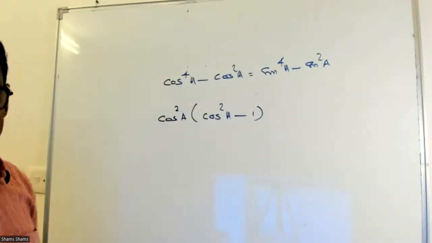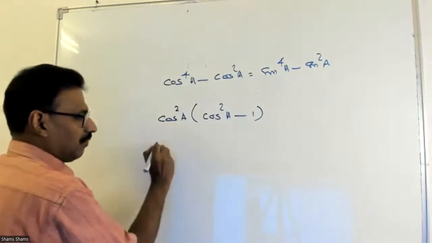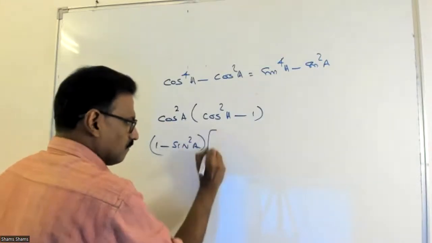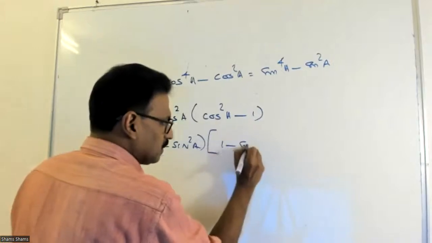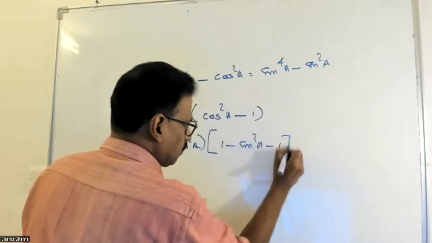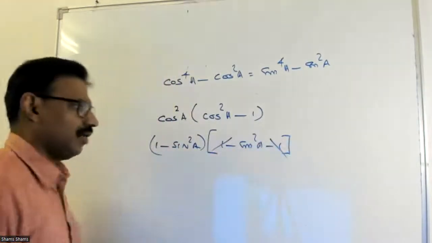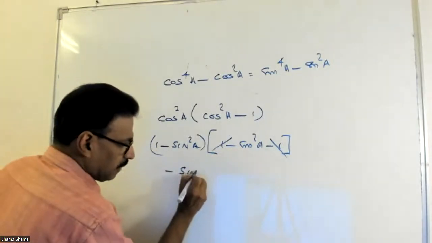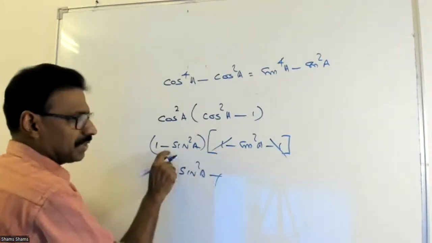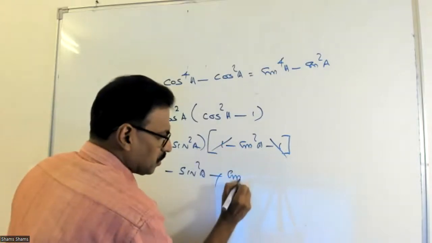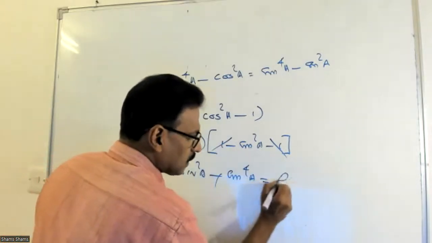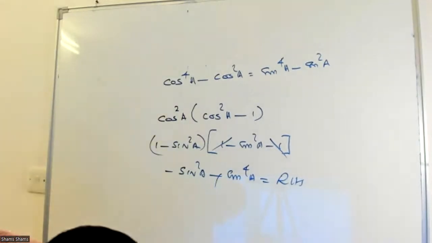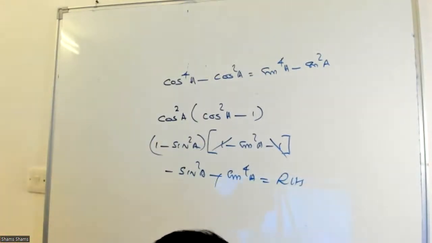Now simple. You can write cos square a as 1 minus sin square a. Cos square a times 1 minus sin square a minus 1. Cancel. Open: 1 into minus sin square a, minus sin square a, plus minus into minus plus sin raised to 4a, equal to RHS. Simplify. Very simple. Now clear or not?